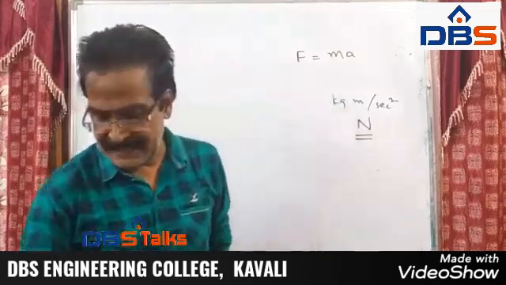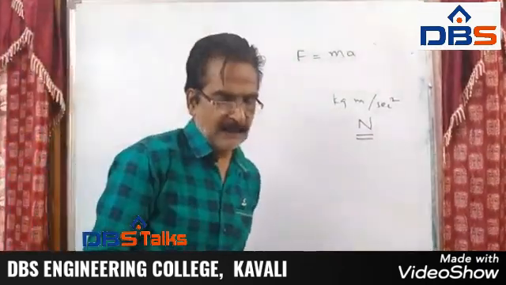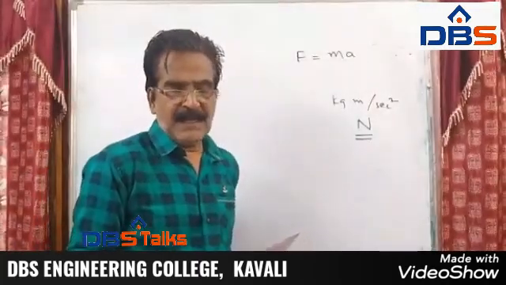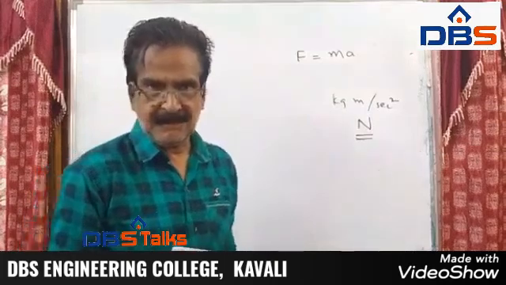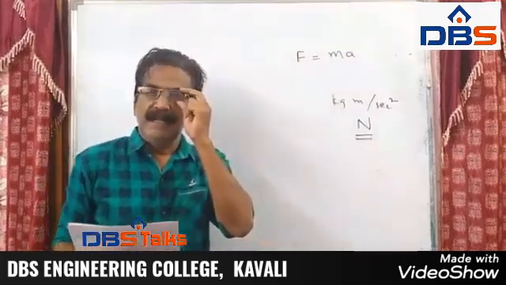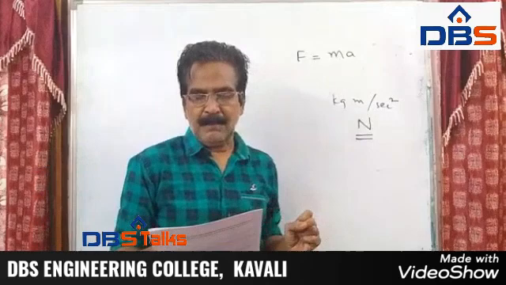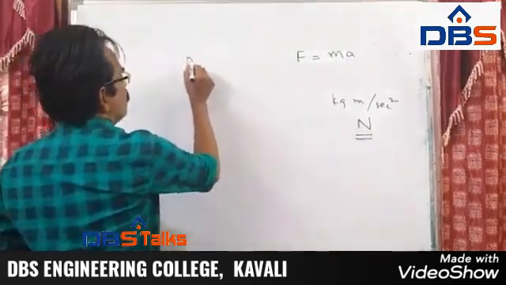Okay friends, first let us see the first problem. Usha has a toy car of mass 2 kg. So mass is given.